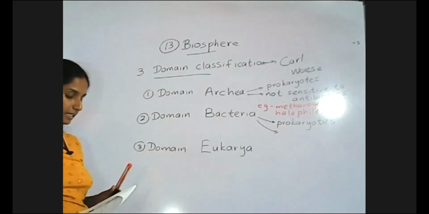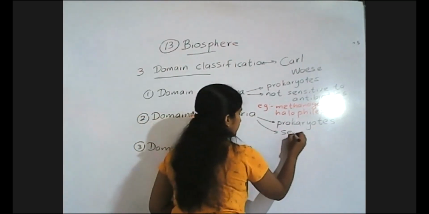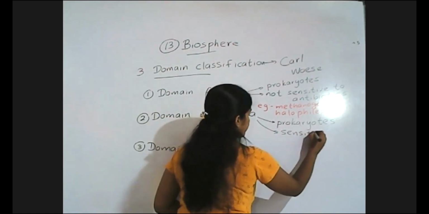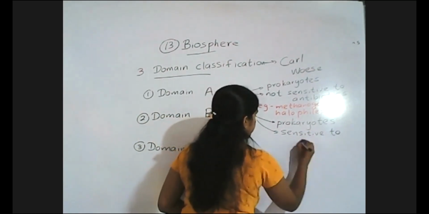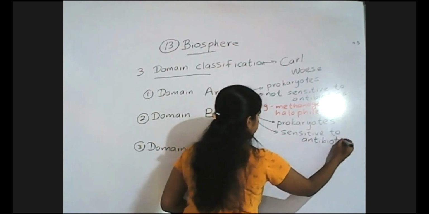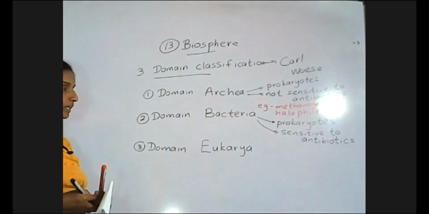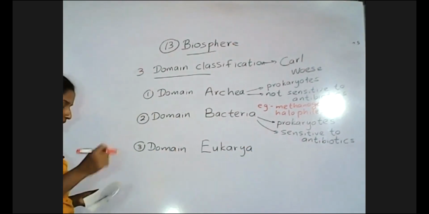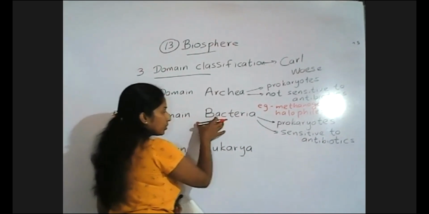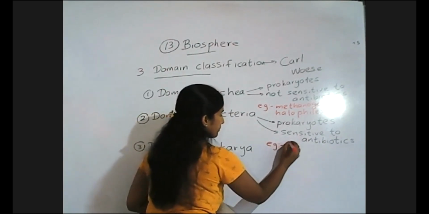And the other feature is that bacteria are sensitive to antibiotics. And what are the examples? Bacteria and cyanobacteria belong to this domain.